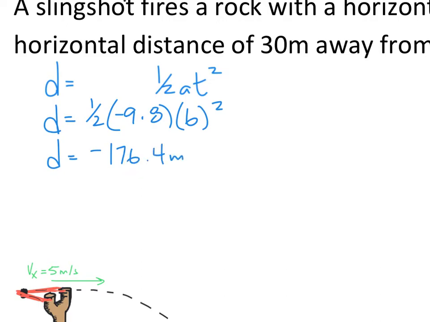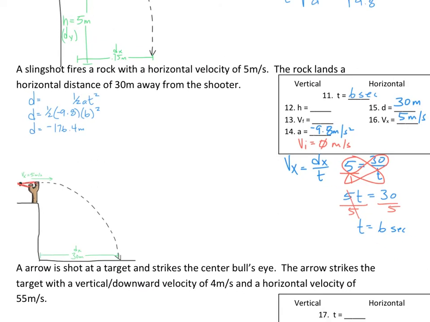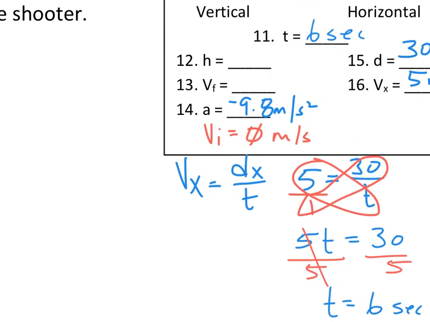That's my displacement. So what that tells me is that that rock fell downward 176.4 meters. However, most often when we're referring to height, height is from the floor up. So that's a positive value. So because this is specifically listed as height, I'm going to write this in as a positive 176.4.